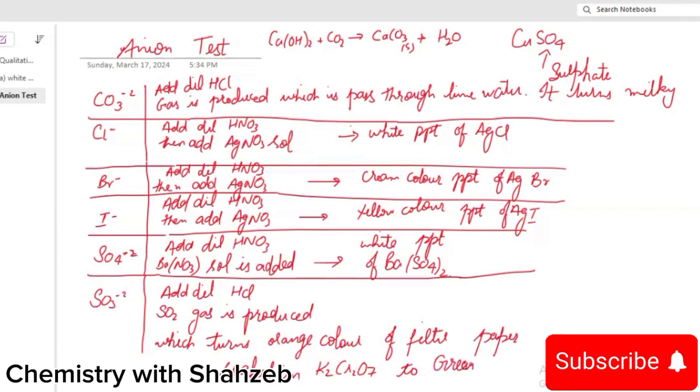So we have seen that the color of potassium dichromate changes from orange to green.